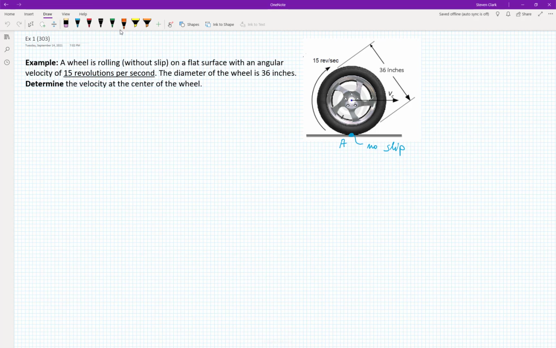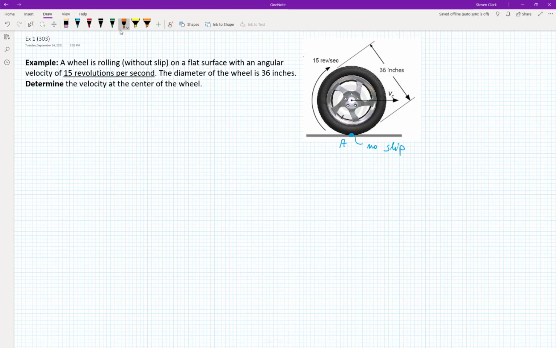We have our rigid body, which is a wheel in this case. We know that at point A there is no slip. So maybe one of you can tell me what is the velocity at point A? It's 0, exactly, because our ground is stationary. Our ground does not move. That's why our point A has exactly the same velocity as the ground, which is 0.